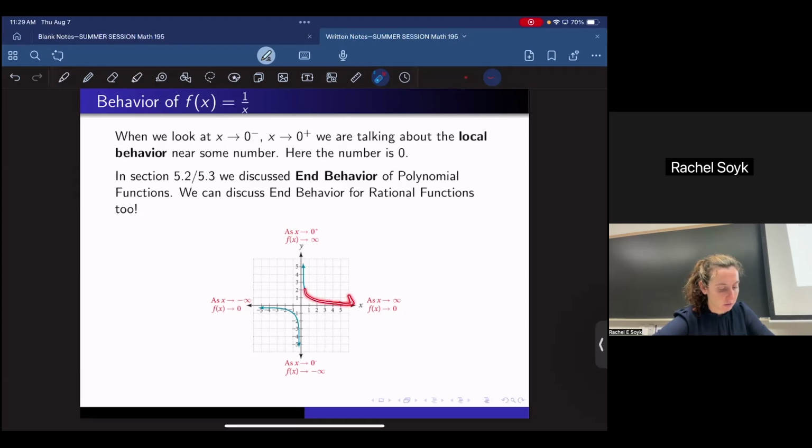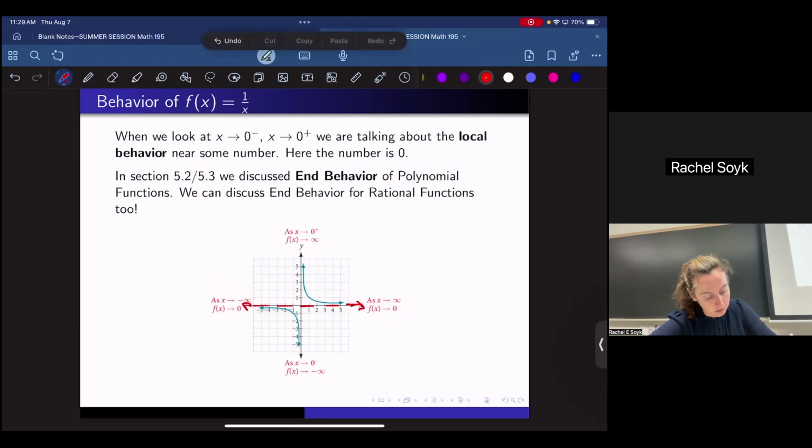As x goes to infinity, what's happening to our y? Our y is approaching 0. As x goes to negative infinity, our y is approaching 0. So what does that tell us? We actually have horizontal asymptotes too, right? Our function is never going to be hitting the origin.